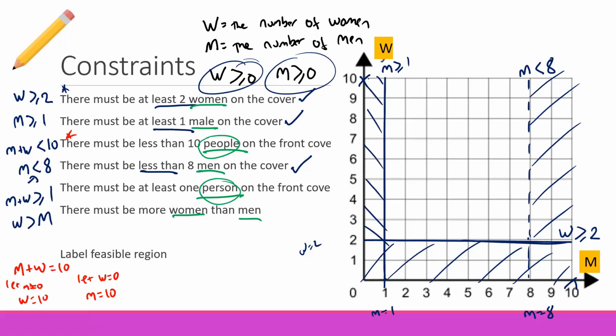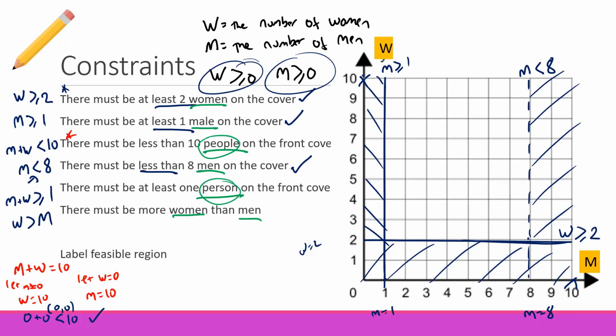Oops, let me just see if I can draw this line properly. And we need to check whether 0, 0 is in the region. So we're going to check 0, 0. Is 0 plus 0 less than 10? Yes, it is. So therefore, where'd my line go?